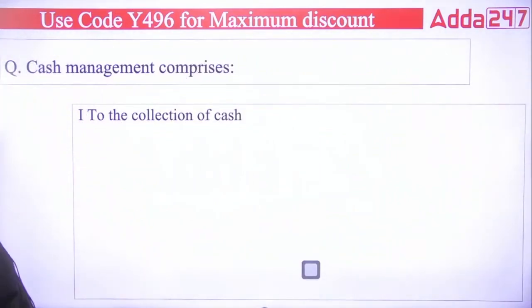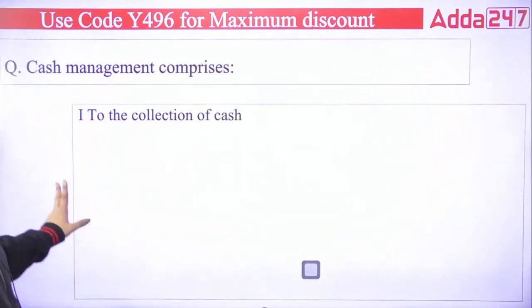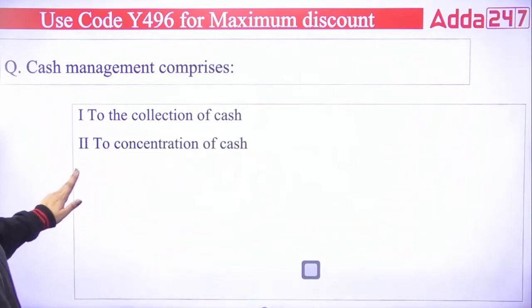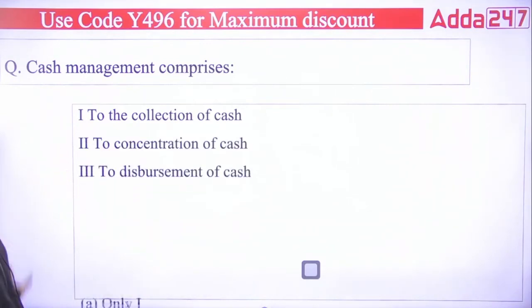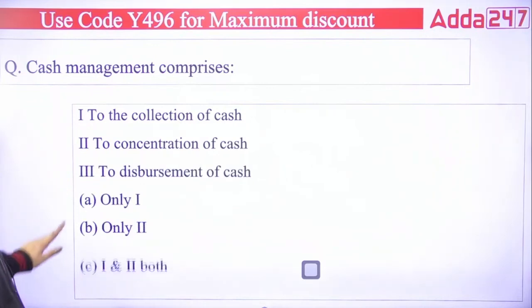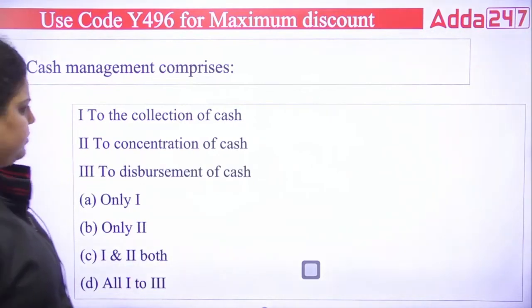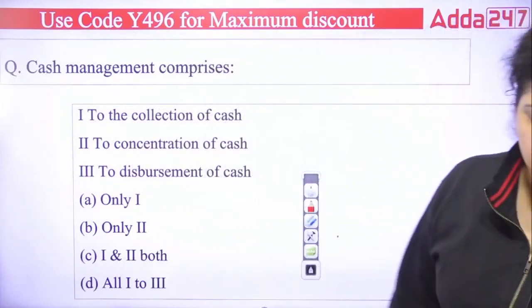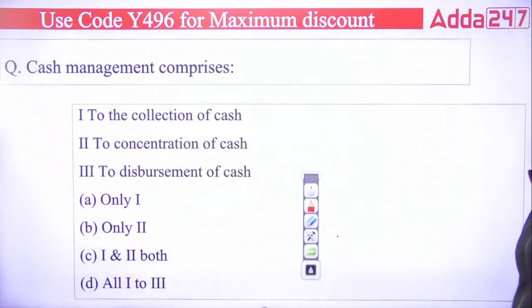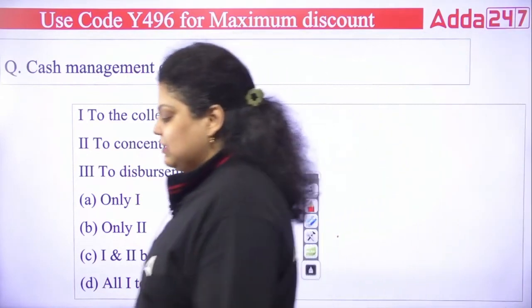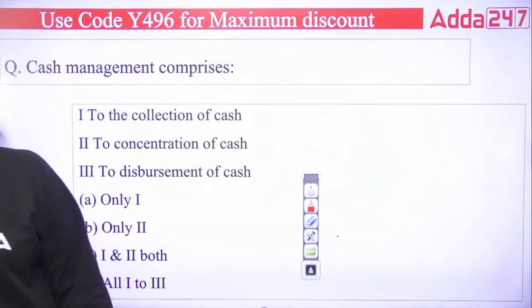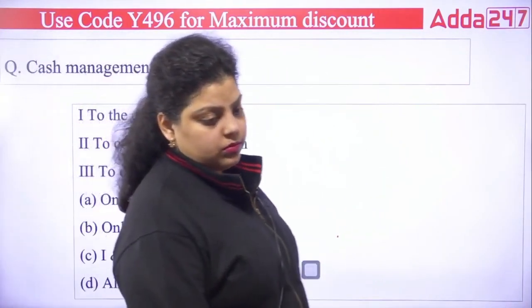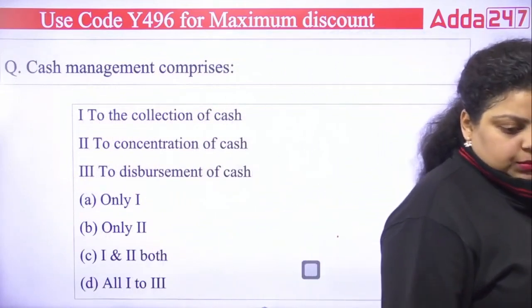Now next we have, cash management comprises which of the following? One, the collection of cash, two, concentration of cash, three, disbursement of cash, only one, only two, one and two, all 1 to 3. So which of the following will be done by cash management? Is it simply to collect the cash, to concentrate the cash, to disburse the cash, or all of the above?